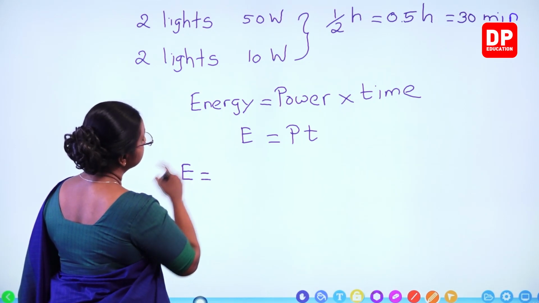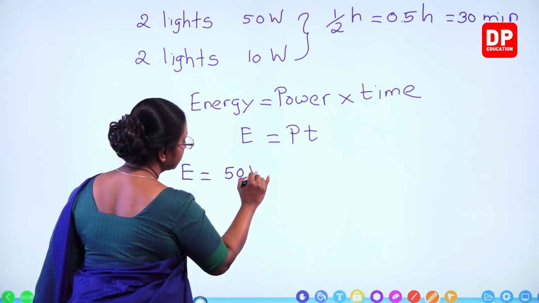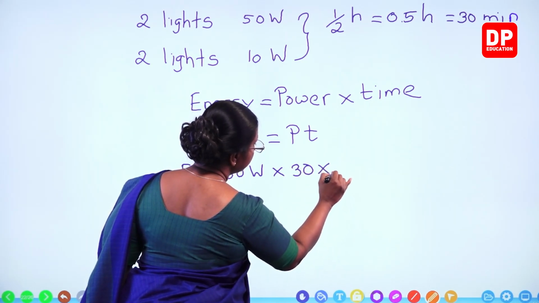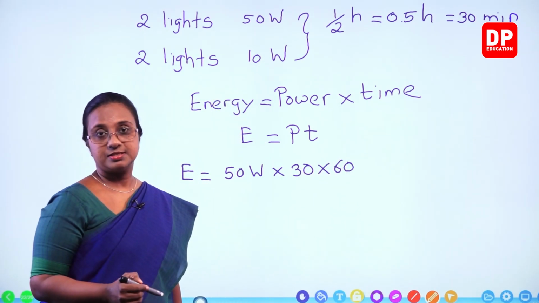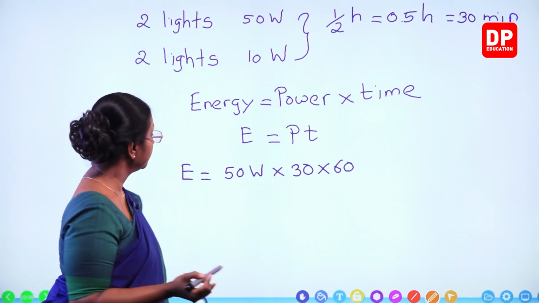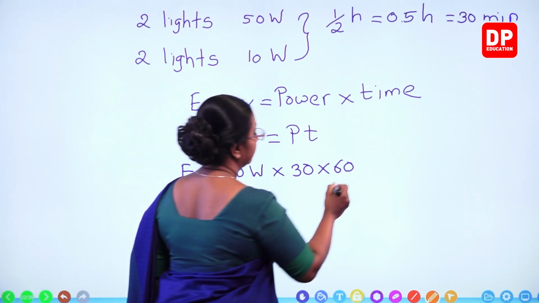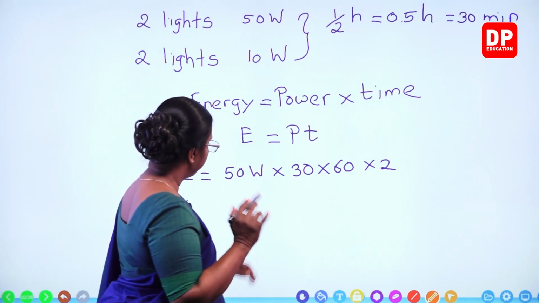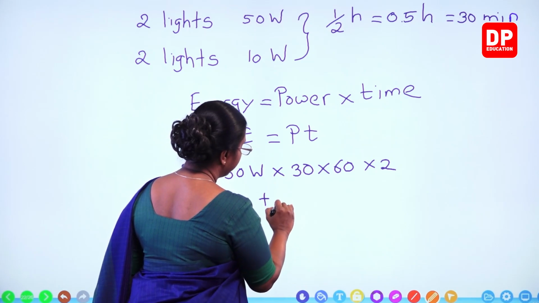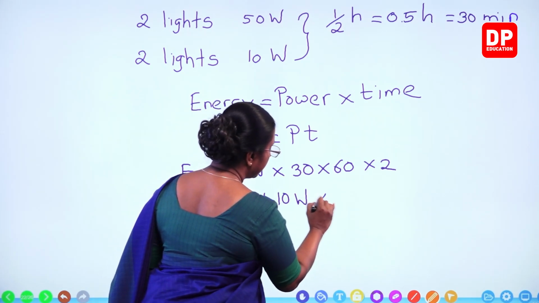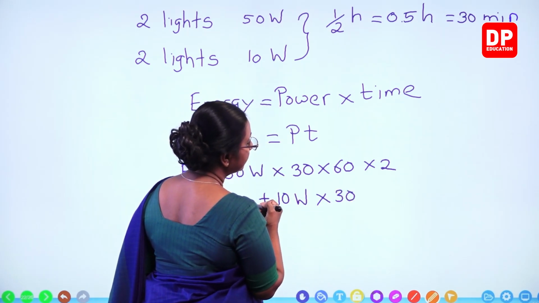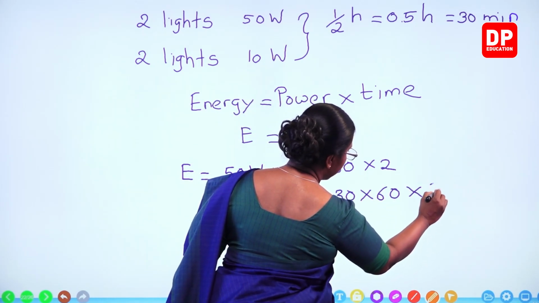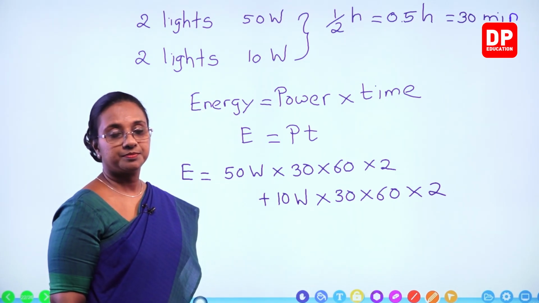E equals, you have 50 watt bulbs into 30 minutes into 60 seconds. You have to convert it to seconds. Like this, we have 2 bulbs. Plus, you have 10 watt bulbs that is also being used for half an hour, that is 30 minutes into 60 seconds, and there are 2 bulbs.